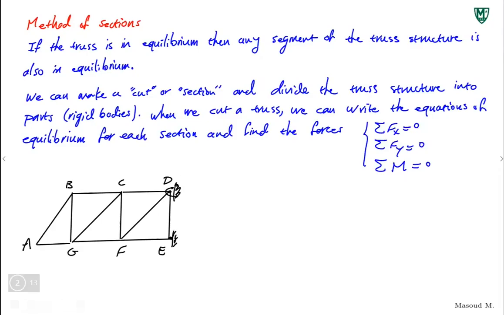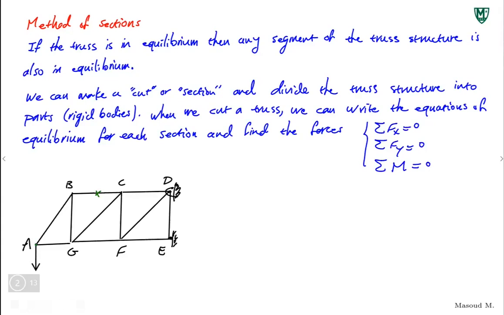And let's say I want to find the internal force in member BC, or in member GC or GF, any of these members. So how do I use the method of sections? If I want to use the method of joints to find the internal force in member BC, I have to start from A, and let's say we also have an external force applied to this.